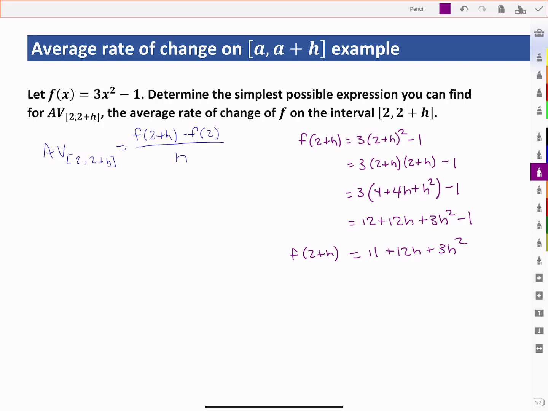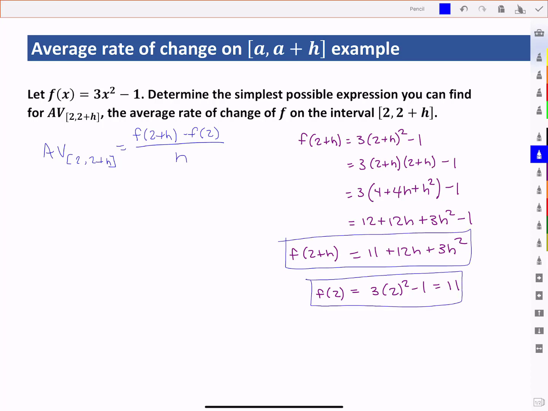And using the formula for f again, we see that f of 2 equals 3 times 2 squared minus 1, which simplifies to 11. Now we can substitute these known quantities into our formula for the average rate of change from 2 to 2 plus h.